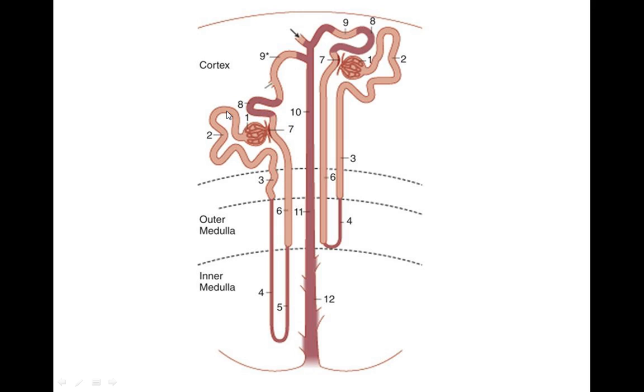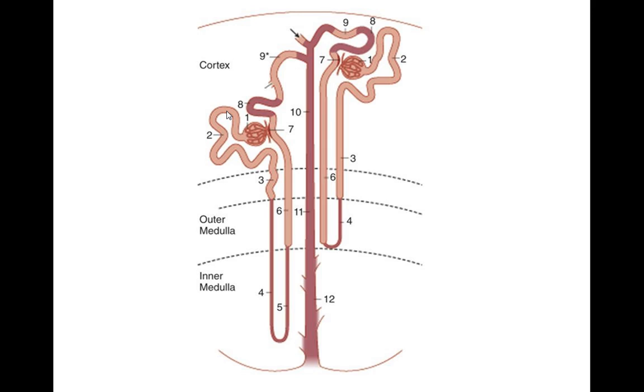Some substances are reabsorbed, which is called reabsorption, and some substances are secreted, which is called secretion. So we have three main processes in urine formation: filtration, reabsorption, and secretion. We'll talk about these processes in more detail later.